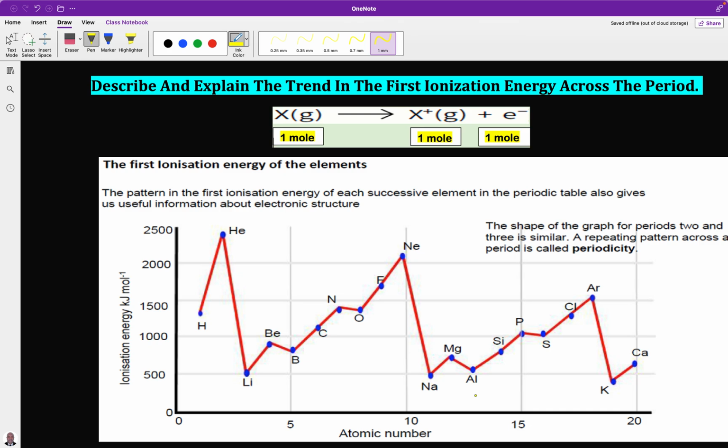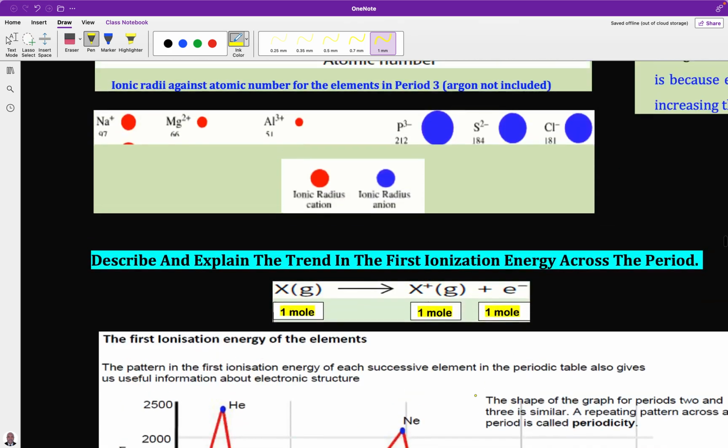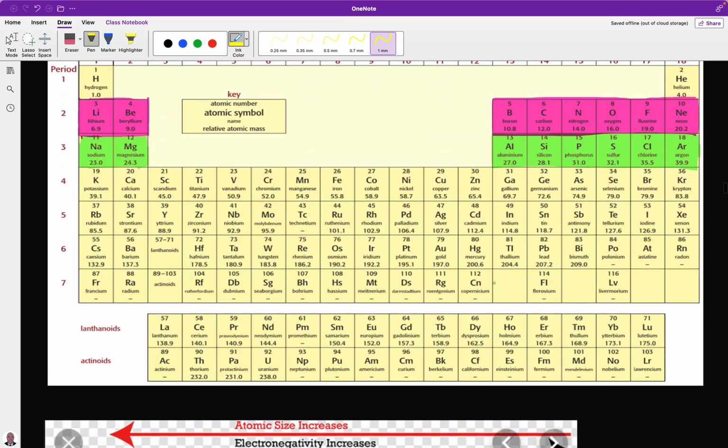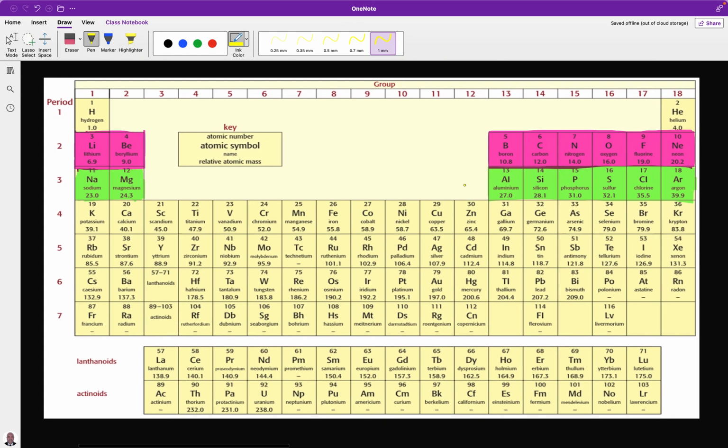Let me take you back there. Group 13 is here. On group 13, we have boron and aluminum. On group 16, we have oxygen and sulfur. Then group 15, we have nitrogen and phosphorus.